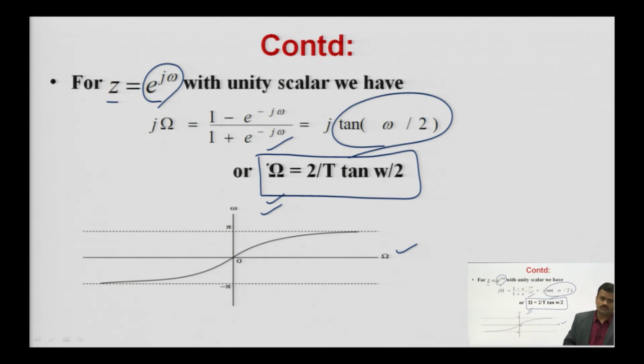So, this is the relation, and this relation is not linear. While in the case of the impulse invariant method, the relation between Ohm and omega was linear, but here it is not linear. And you can determine the frequencies if you put in the values here, and capital T is your sampling time.